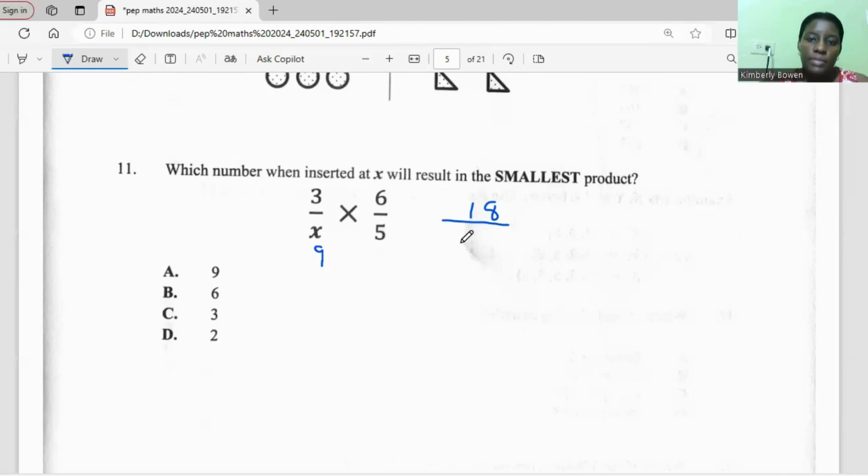And 9 times 5 is 45. 18 over 45. And we can cancel it. 2 over 5.